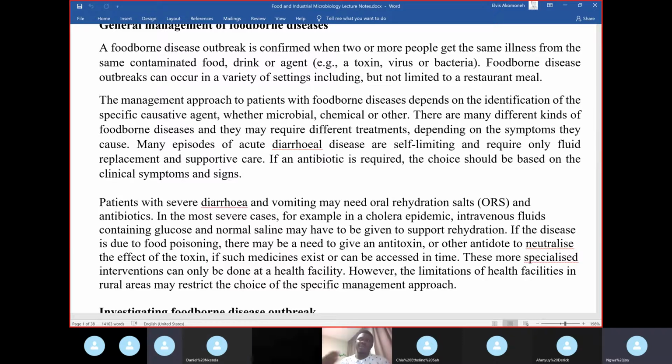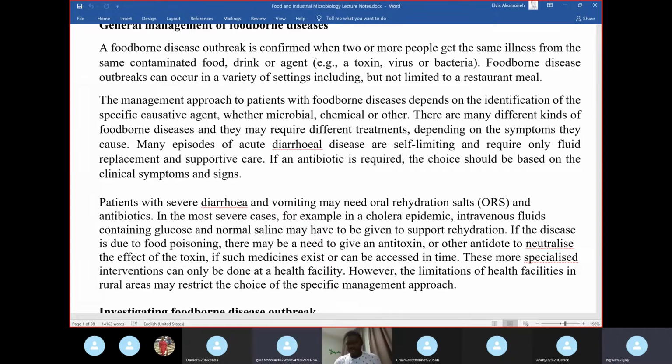If you're having severe diarrhea or vomiting, losing fluids, you need to replace these fluids. I'm sure all of you have an idea how to prepare oral rehydration salt. You can prepare it right at home. You don't need to buy. Most of the time, it is going to reinstate the fluid and electrolytes that are lost, and then you recover from the infection or the intoxication.